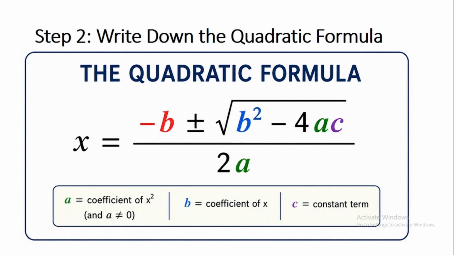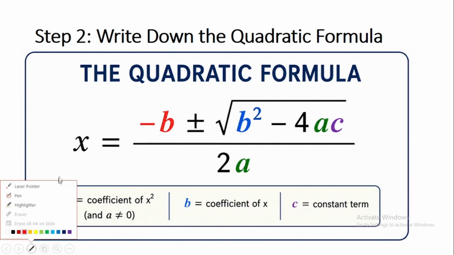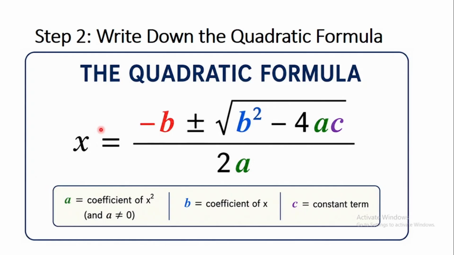Step 2. Write down the quadratic formula. Here you have it. This is your quadratic formula right here. This is the formula that we'll use whenever we're asked to solve a quadratic equation. It works for all quadratic equations.